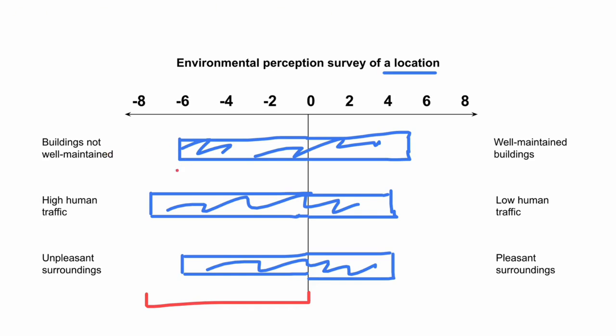You have a -6. High human traffic, -7. Unpleasant surroundings, -5. But on the flip side, for those who think that it's positive, the degree of positivity is not that high either. The highest number you see is 5, but the rest are 4 and 4. So a bipolar graph gives you a visual representation of whether that place is negative or positive.